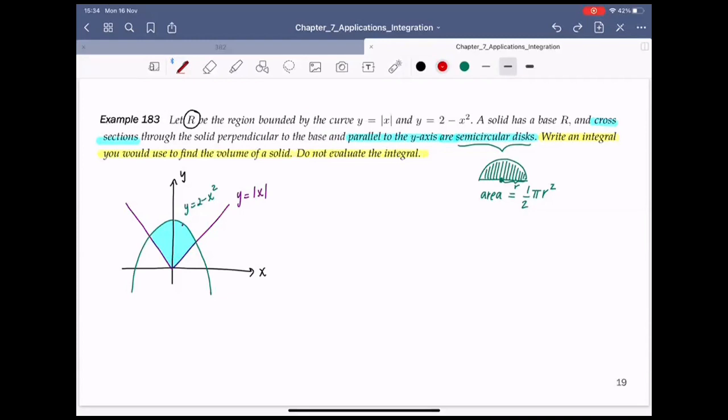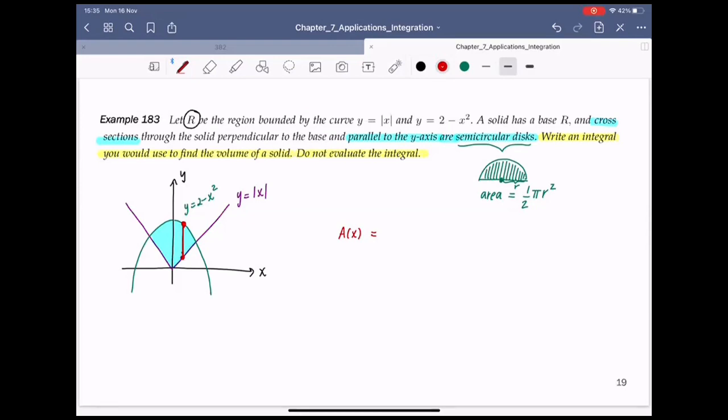All right, so we're going to find the area A(x). The area A(x), you need to have the green line on the top and the purple line on the bottom.